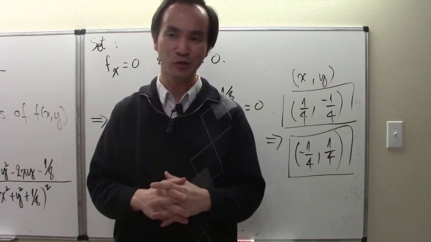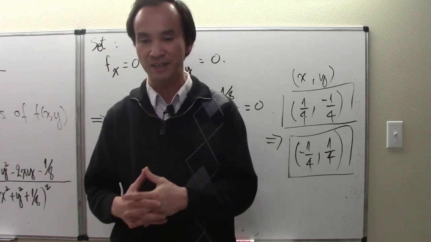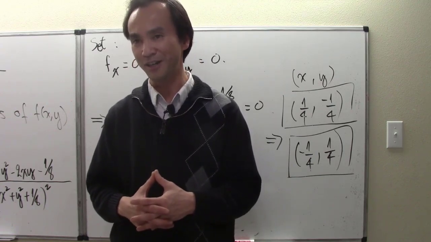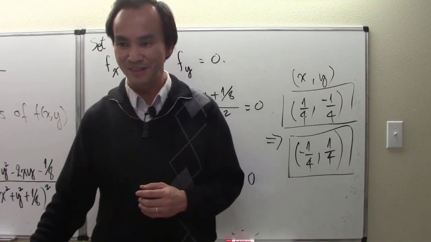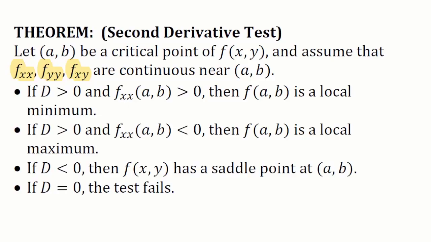So assuming that you already know what these are, assume that those second partial derivatives are continuous near the point a comma b. Then now we're setting up the following quantity D right here.